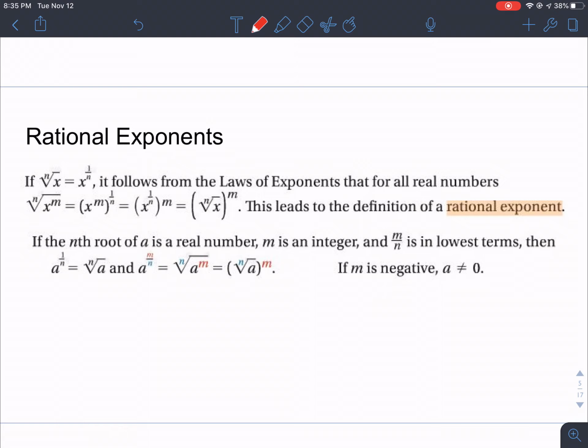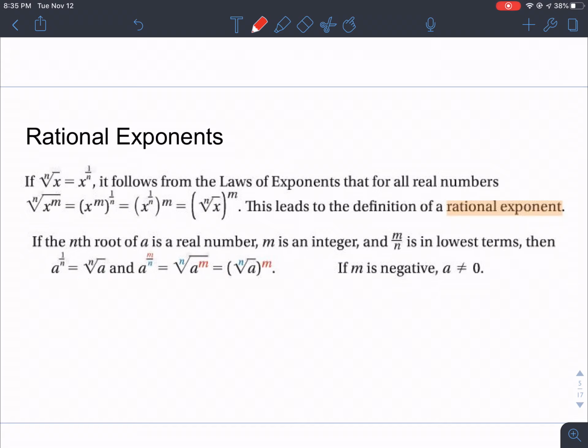This leads to the definition of rational exponent. A rational exponent says that if the nth root of a is a real number and m is an integer, and m over n is in lowest terms, then a to the 1 over n is equal to the nth root of a, and a to the m over n is equal to the nth root of a to the m, which is also equal to the nth root of a, all to the m. So this all means the same thing.